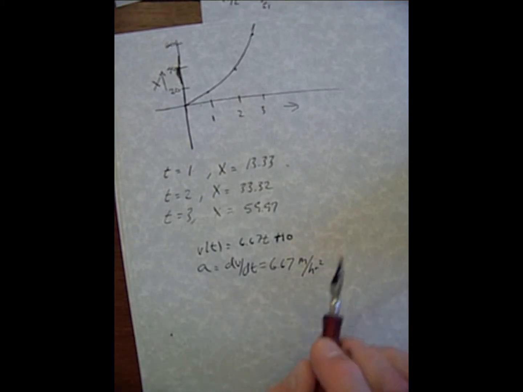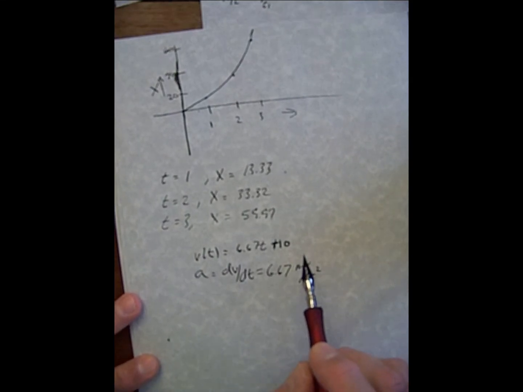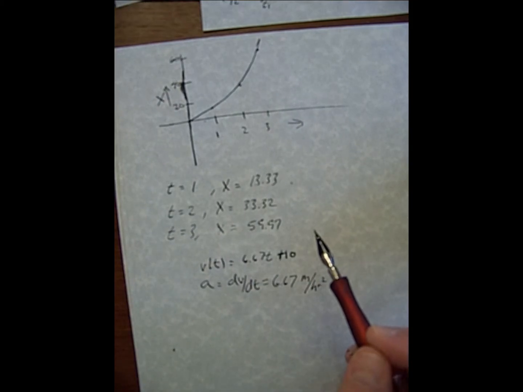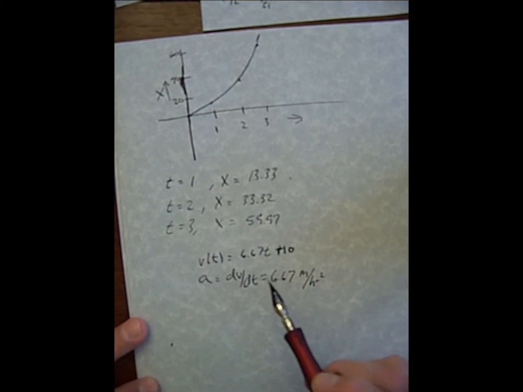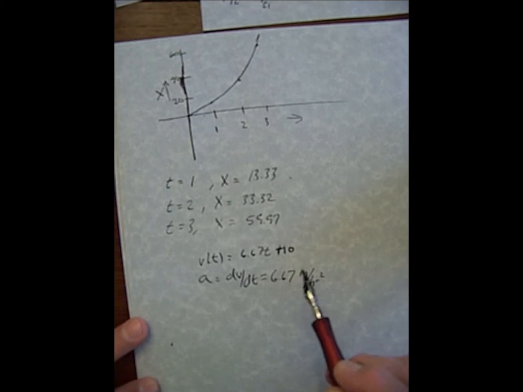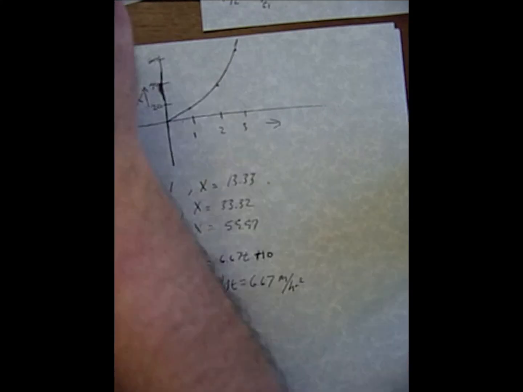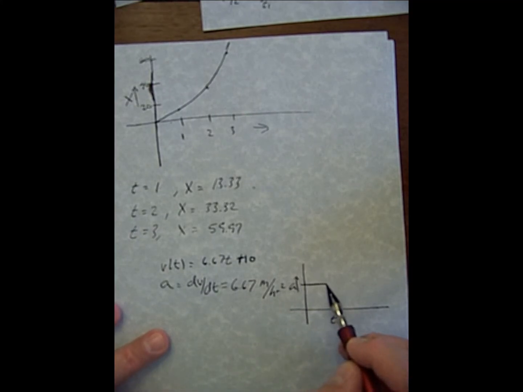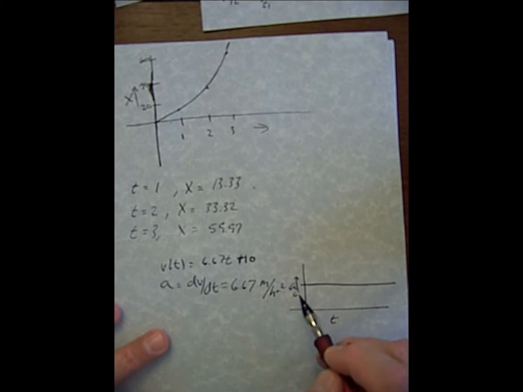In the normal sort of metric world of physics, distance would be in meters, velocity would be meters per second, and acceleration would be meters per second squared. So constant acceleration, if I drew this on a graph, would be a flat line constant at 6.67.